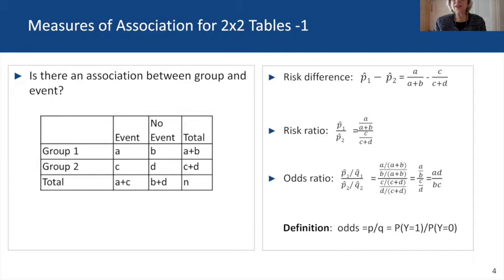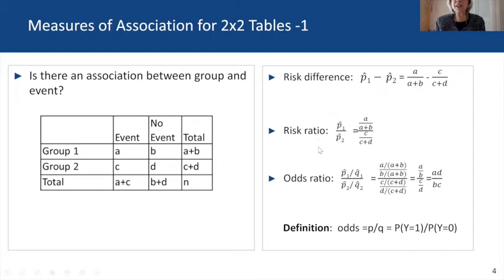So that difference in risk or difference in proportions using the data in the table suggests that A over A plus B is the proportion who have the event in group 1. We're subtracting C divided by C plus D, which is the proportion having the event in group 2. So if there is no association between group and event, this risk difference would be equal to 0 or near 0.